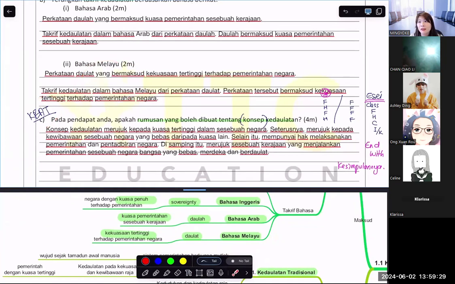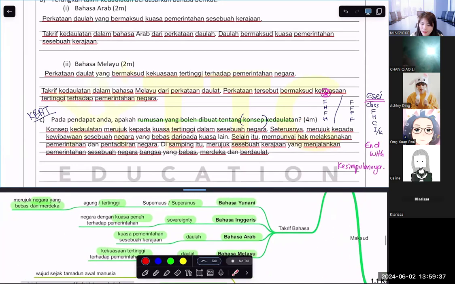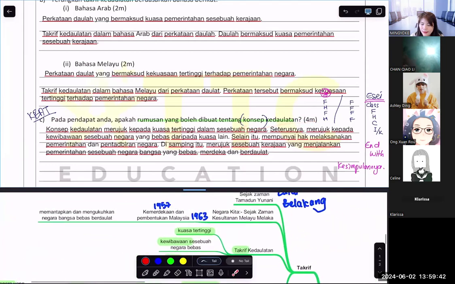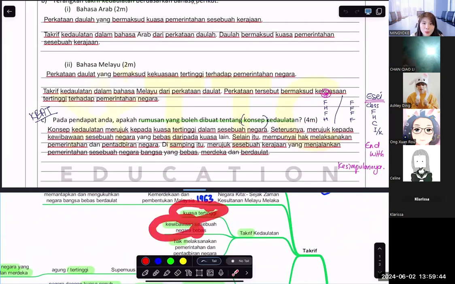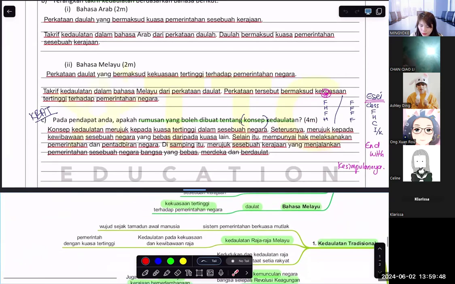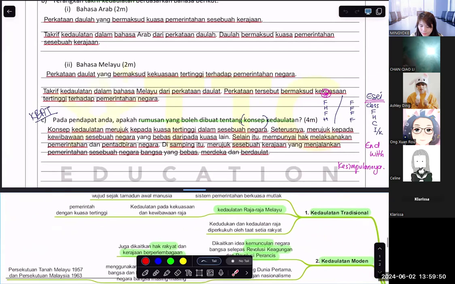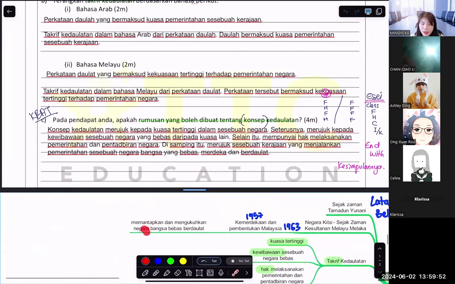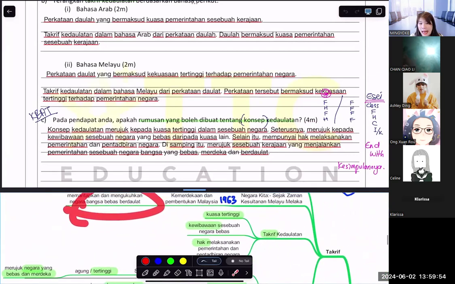Again, to be honest, you can straight answer. You can straight answer: konsep kedaulatan merujuk. What is kedaulatan? Kedaulatan is kuasa tertinggi, kewibawaan, hak, and so on and so forth, negara bangsa bebas berdaulat, merdeka.